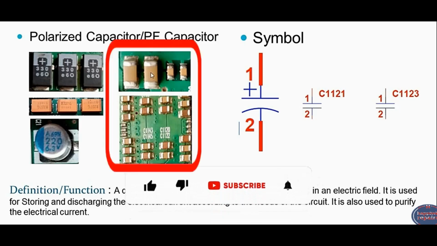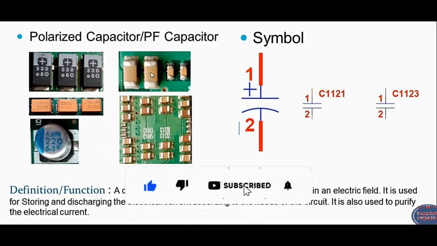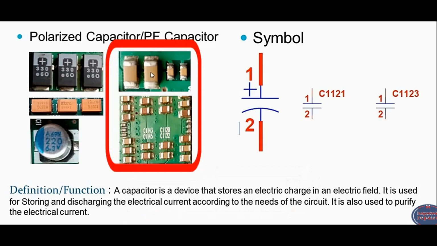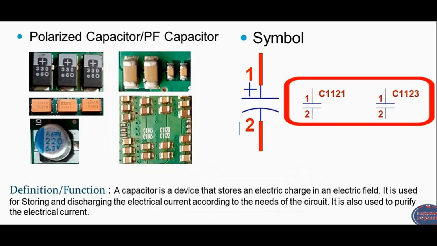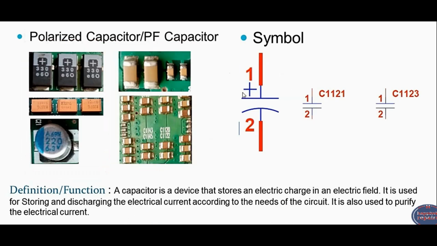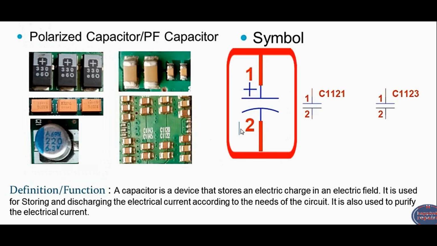Here this is basically a ceramic capacitor, or a PF capacitor. Those capacitors are not polarized. Here we have its symbols, and here on the left we have chemical capacitors or tantalum capacitors, and over here we have its symbols with plus and minus, as you can see.